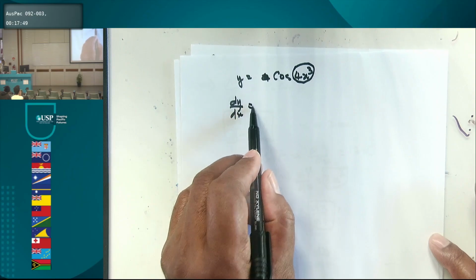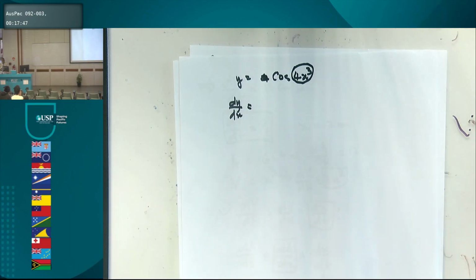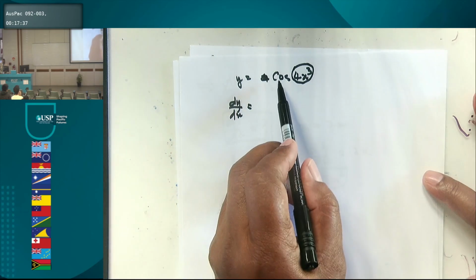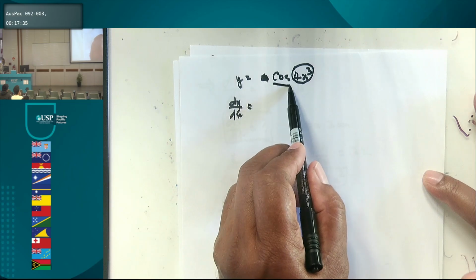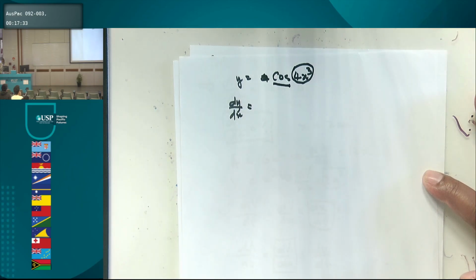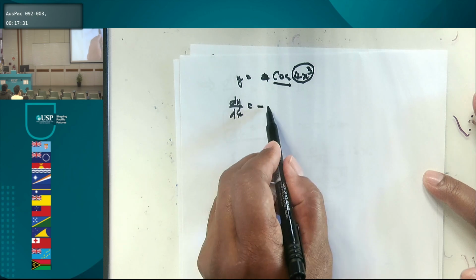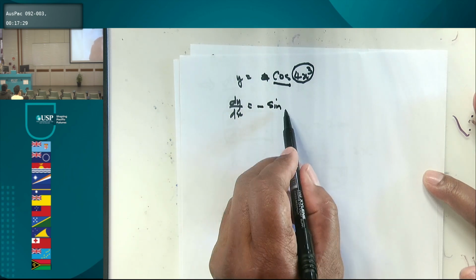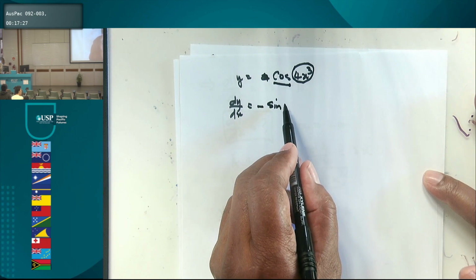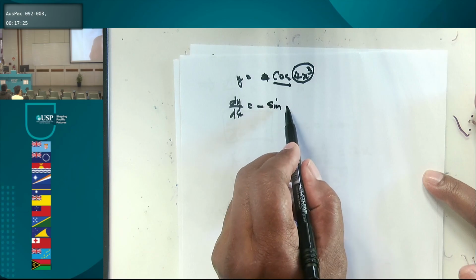So let's go straight. I hope you've already formalized your short methods. As we discussed last week, we'll firstly differentiate the outer. So we'll differentiate cos x. What's the derivative of cos x? Negative sine. What do I have here? The inner function remains the same.